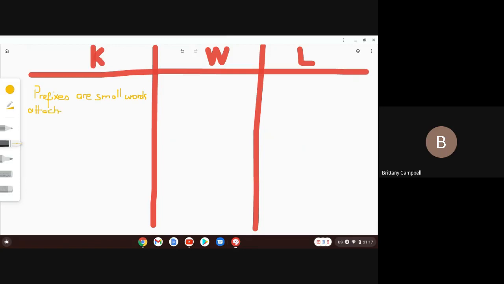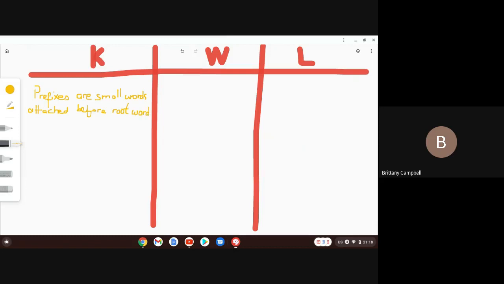Attached, as to what you've rightfully said, before the root, or we can say the base word. All right, so anything else?